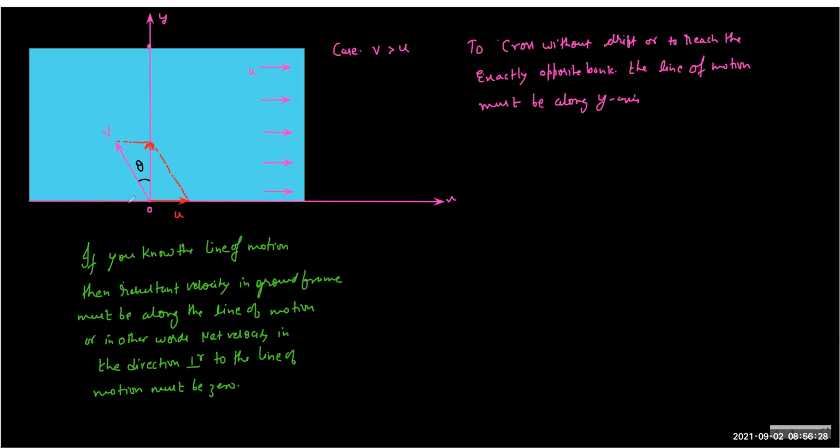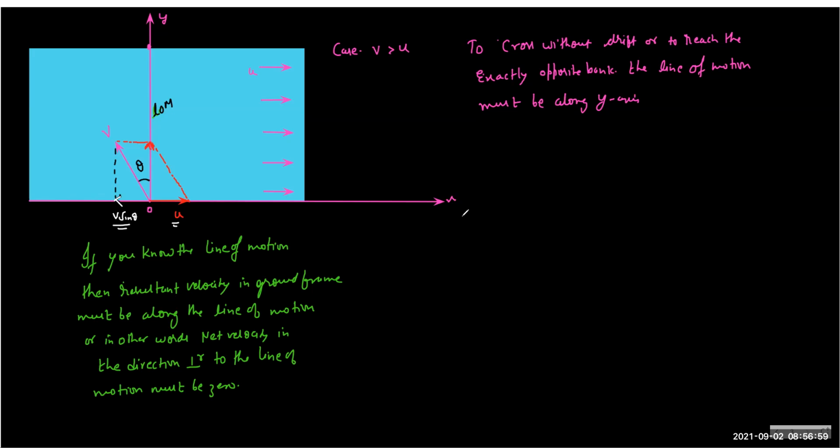Now, if y is the line of motion, then the velocity in the direction perpendicular to this must be zero. So we can say that u and this v sin theta will balance out. That's why you will go this way.